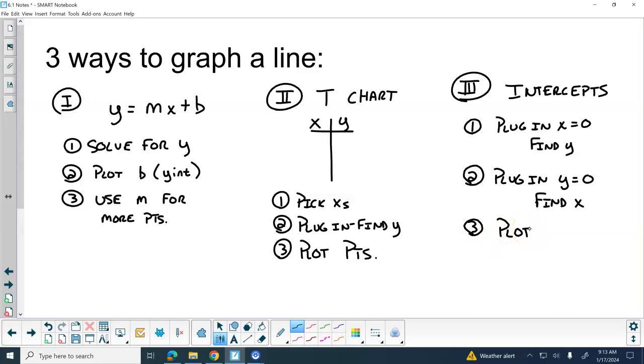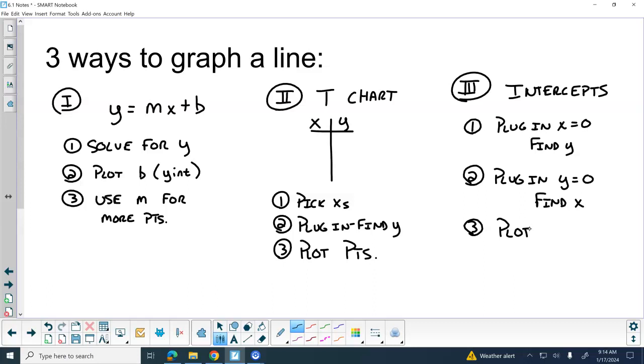Okay? So you plug in 0 for x, you get basically the y-intercept. And then you plug in 0 for y, and you find the x-intercept. And you only need really 2 points to make a line, and so then you connect those 2 points. Okay? All right? Love it.